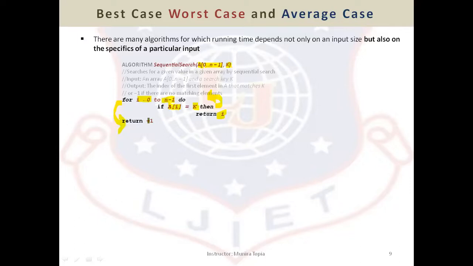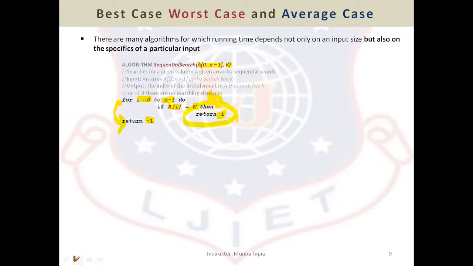That means if the for loop is traversed and no match for the key is found, we are returning -1 to show that the element is not present in the given array list. If the element is found at any location, then its location is returned with this return statement.